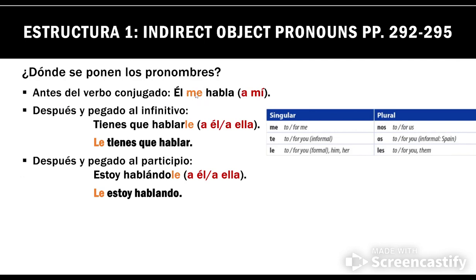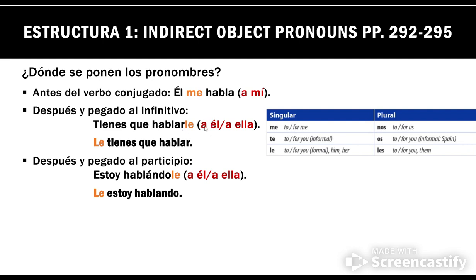He talks to me. You can put it después, after, y pegado, attached to the infinitive. An infinitive is an unconjugated verb. Tienes que hablar. Hablar is in its infinitive form.